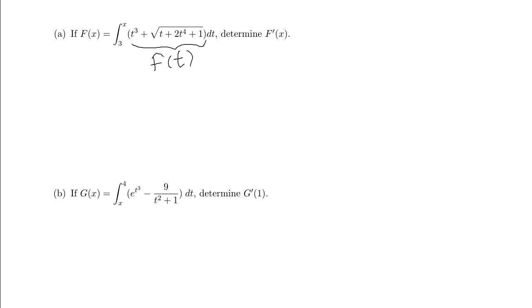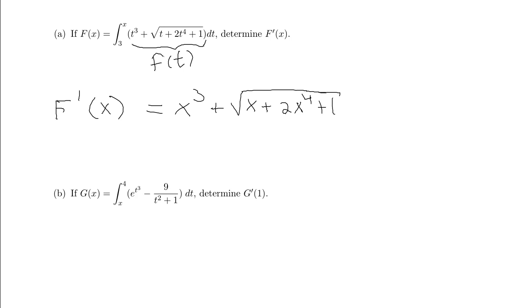We want to find big F prime of x. Our fundamental theorem of calculus part 1 says that it's going to be this little f function evaluated at x. So instead of t cubed, it's going to be x cubed, and instead of the square root of t plus 2t to the 4 plus 1, it's going to be the square root of x plus 2x to the 4 plus 1.